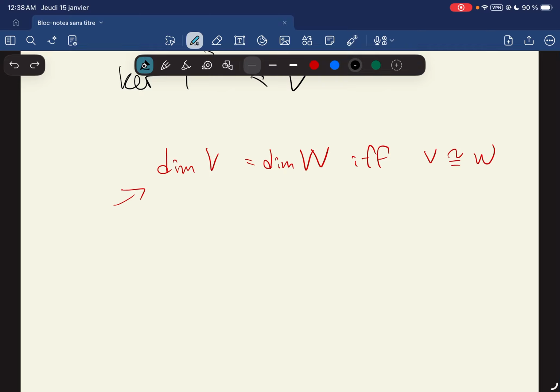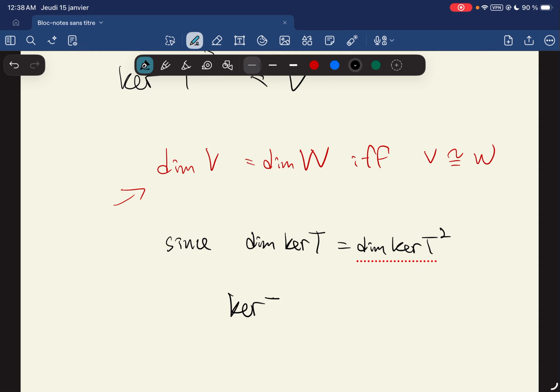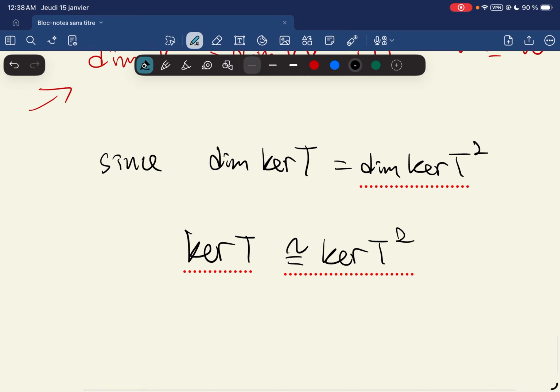So since the dimension of the kernel of T equals the dimension of the kernel of T squared, we can see that the kernel of T is isomorphic to the kernel of T squared.